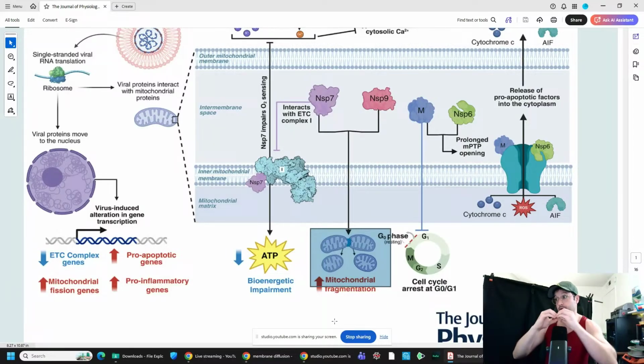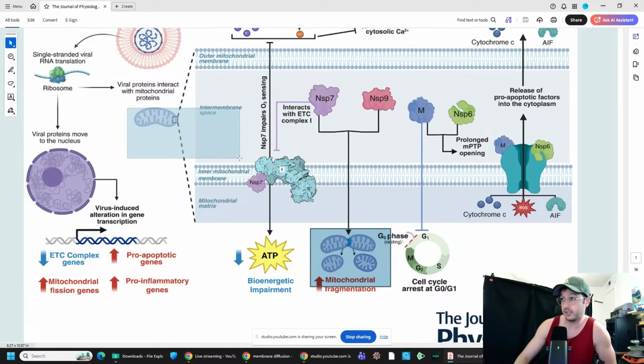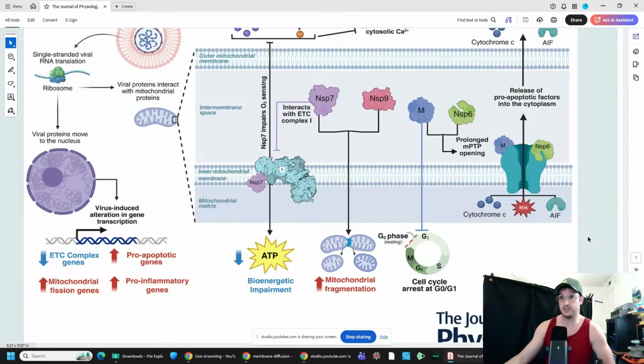But what's happening is that it's crumpling on itself and then splitting into two fractured mitochondria instead of a single full mitochondria like this. It's being broken into tiny pieces, which could still function, but probably don't function as efficiently because they're not the size that they're supposed to be.